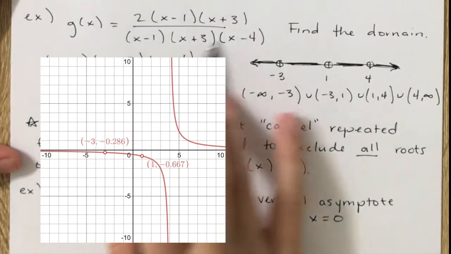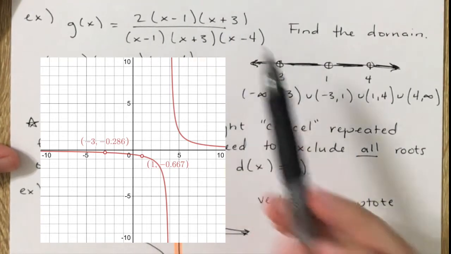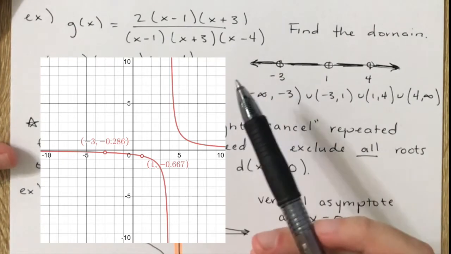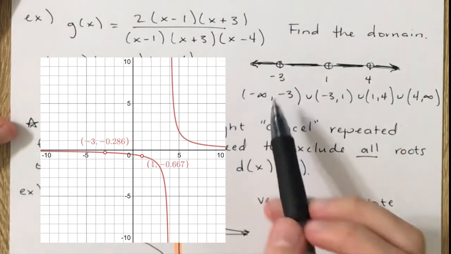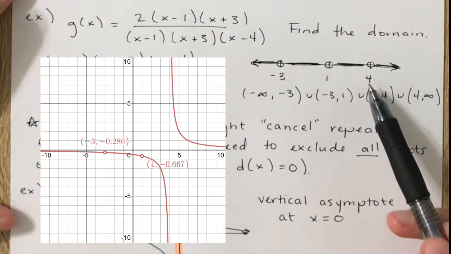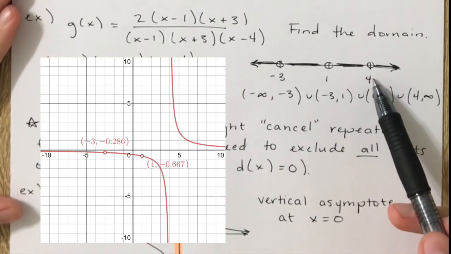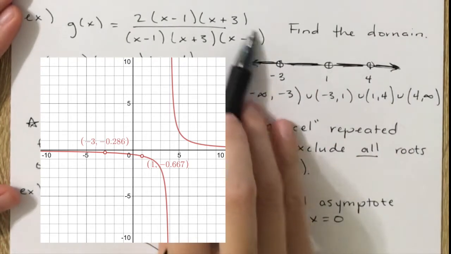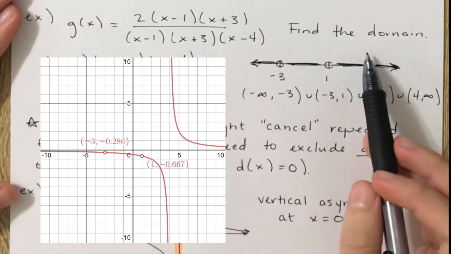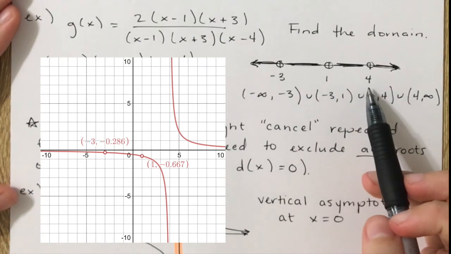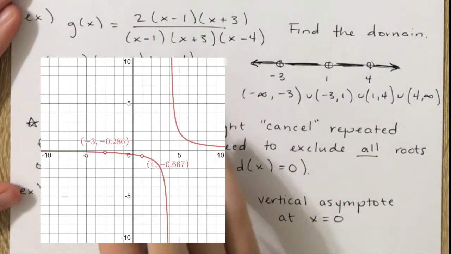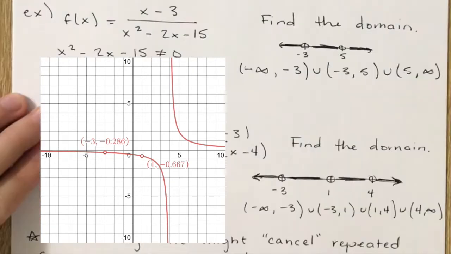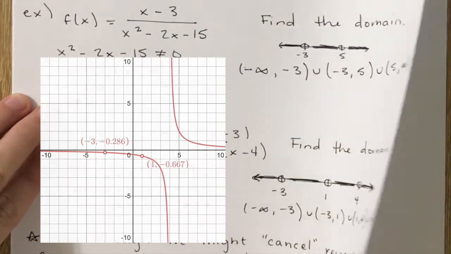There's something else going on. We clearly don't have a vertical asymptote there, but there's something going on because they're removed from the domain. We can see that we do have a vertical asymptote at 4. So when the factor is on its own in the denominator, that's going to give us a vertical asymptote. But when we have these repeated factors, it's going to be something else. So let's write that down somewhere.